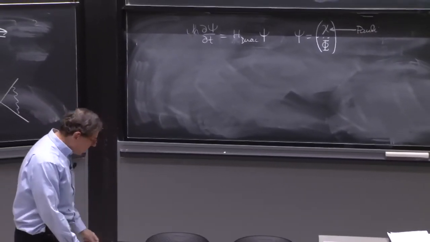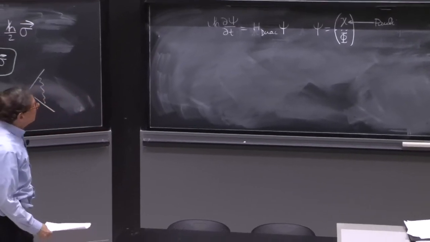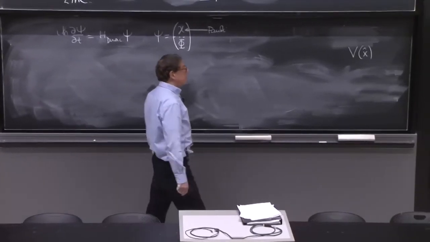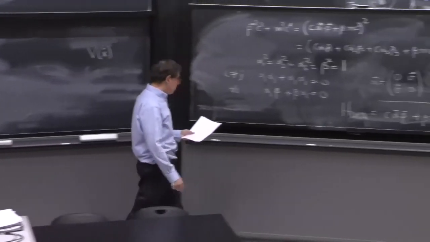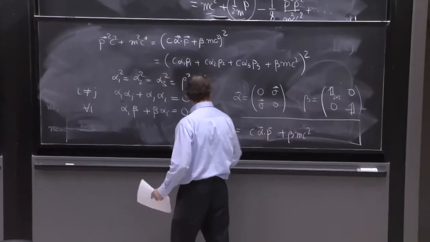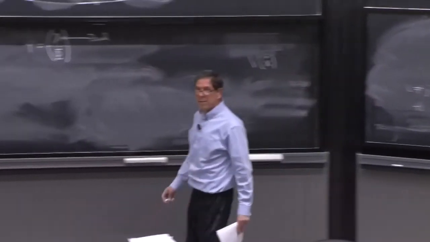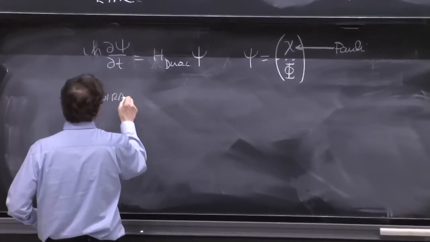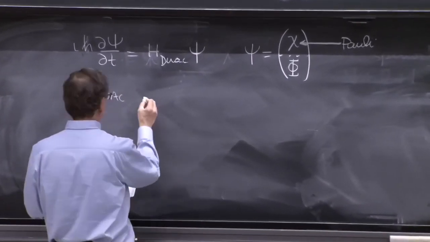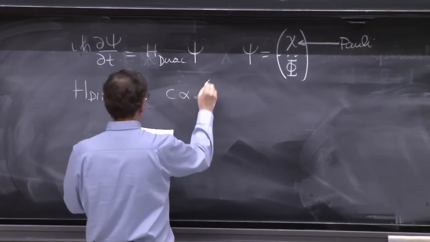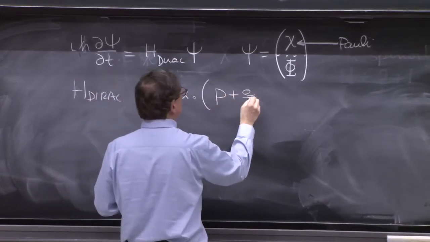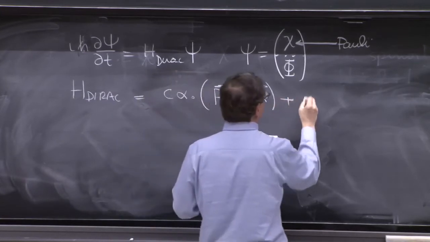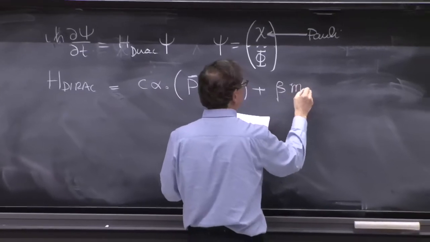So there is a whole analysis of this system in which, in order to put a magnetic field, you can put in here, for the Dirac Hamiltonian, H Dirac coupled to electromagnetism, c alpha dot (p plus e over c A), plus beta mc squared.